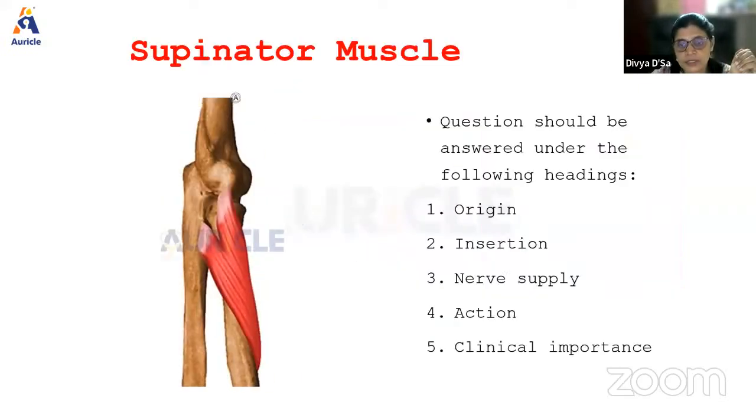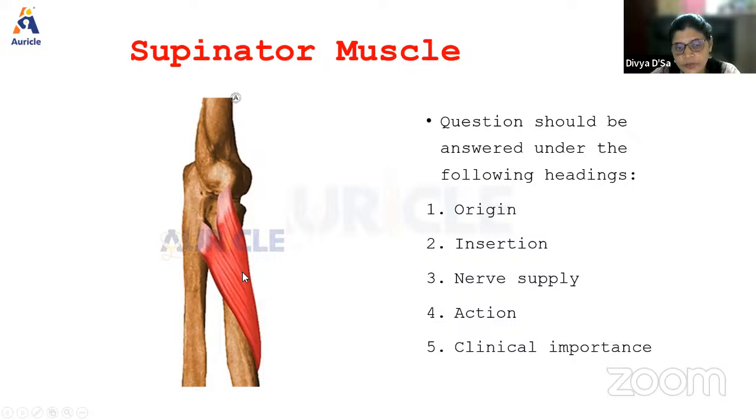Next is supinator muscle. Again, same thing: origin, insertion, nerve supply, action you have to write. Origin, it has 2 heads. The humeral head comes from the lateral epicondyle of the humerus, whereas the ulnar head comes from the supinator crest and the supinator fossa of the ulna.